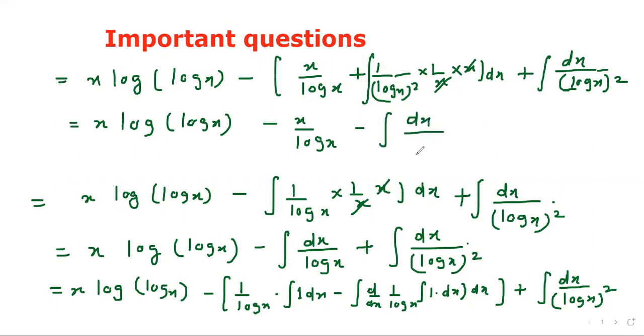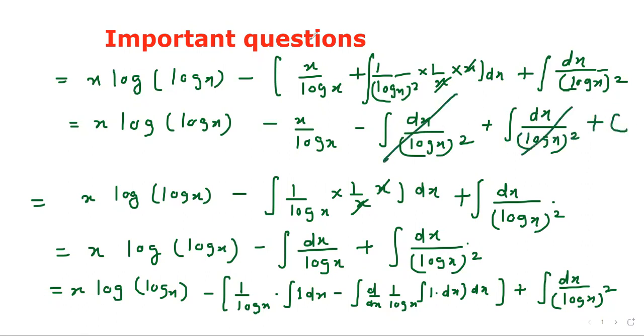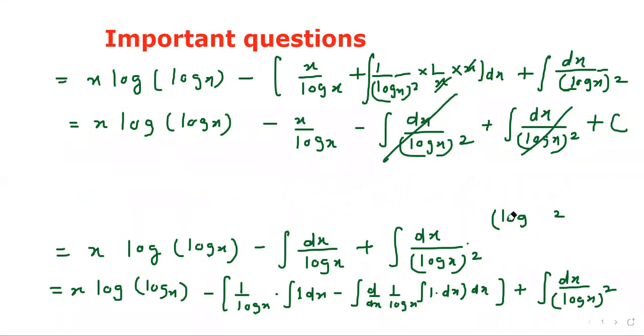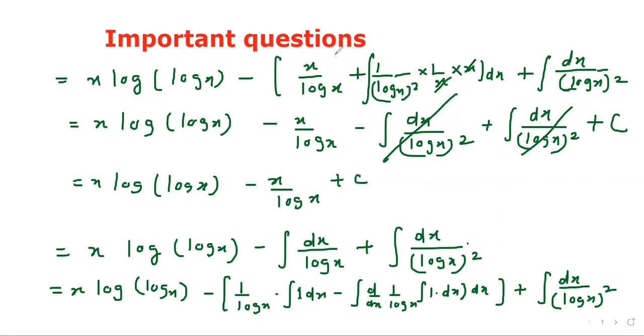So minus integration dx upon log x square plus this term integration dx upon log x square plus c. These two terms will cancel out and we will get the answer as x log of log x minus x upon log x plus c.